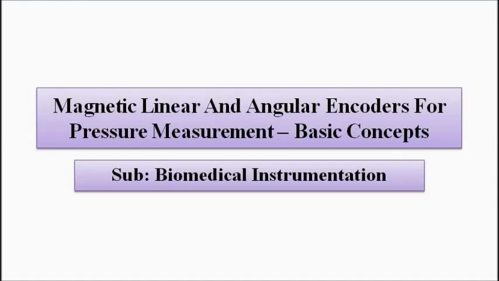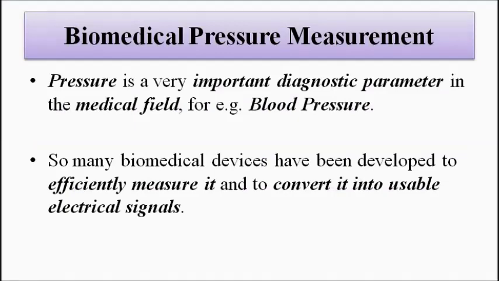The basic principle of pressure measurement in the biomedical field involves biomedical devices to sense or detect the fluctuations in pressure at various parts of the body which are of diagnostic significance. The most important is the blood pressure.